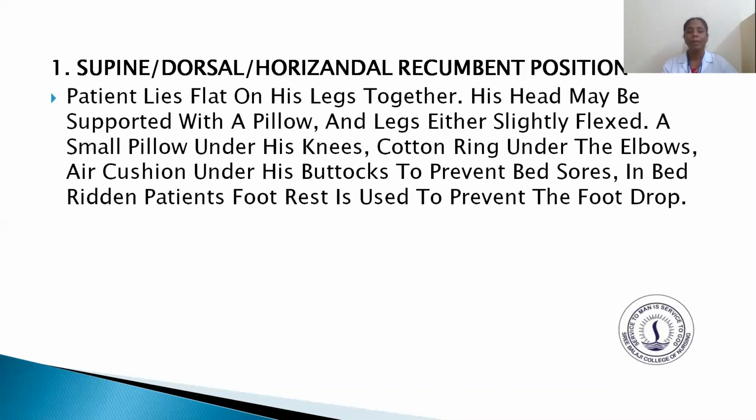A small pillow under the knees, cotton rings under the elbows, an air cushion under the buttocks to prevent bed sores in a bedridden patient, and a footrest to prevent foot drop. This is the supine, dorsal, horizontal recumbent position.